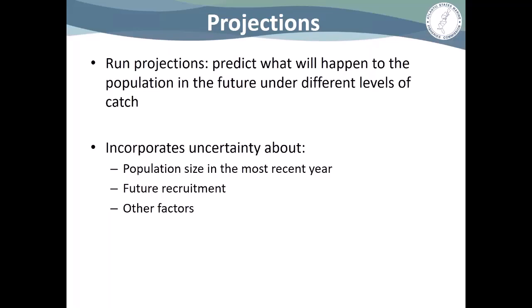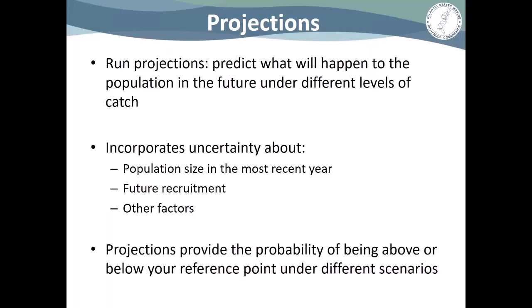And so we start from that point, from that uncertainty, and project the population forward. So population size in the most recent year is 30,000 metric tons. Maybe it's a little higher, maybe it's a little lower. Let's try searching over that whole range. We don't know what future recruitment's going to be, so we incorporate that uncertainty into there, as well as other factors that are important for different species.